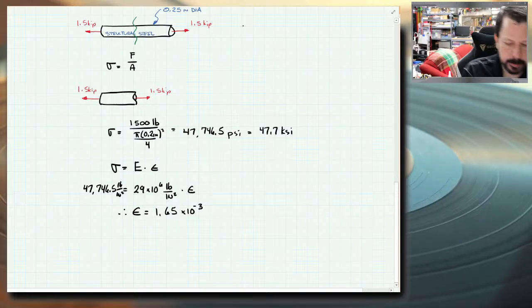You might write that in decimal form, or you might write it in percent form. And all of them are equivalent. They're all correct, whichever one that you prefer. Generally, the strain is going to be a small number.